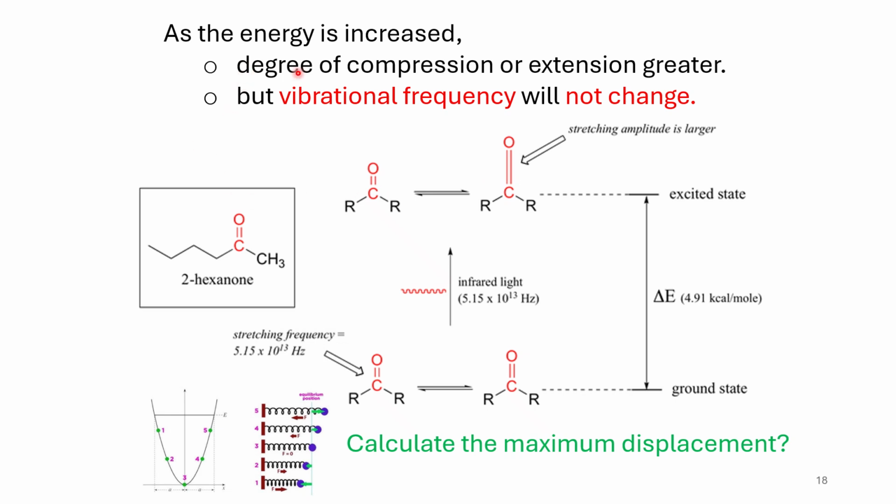As the energy is increased after the molecule absorbs the energy from the light source, the degree of the compression and also the extension will be greater. But the vibrational frequency will not change, as I have mentioned just now. So we can calculate the maximum displacement that can occur upon the absorption of the energy from the light source.